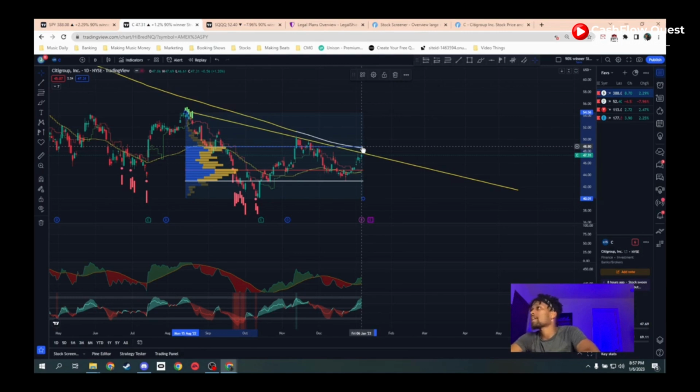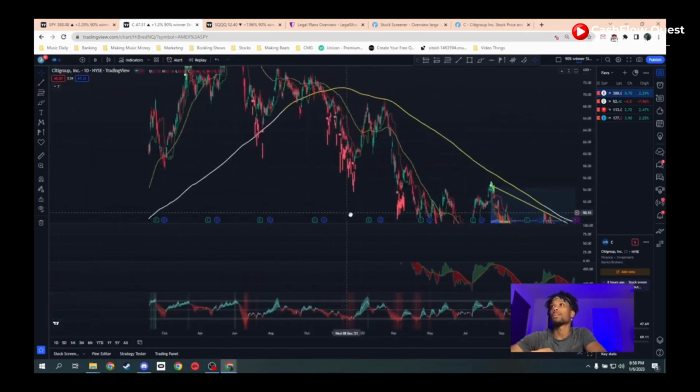So at 48.80, that's a high value area. You're looking to either sell off from that area, or you're gonna break it and come back and retest. In that case, we'll be above the 200 moving average, meaning it's probably more than likely gonna be looking for an upward move, because we've been on a downtrend for a minute.